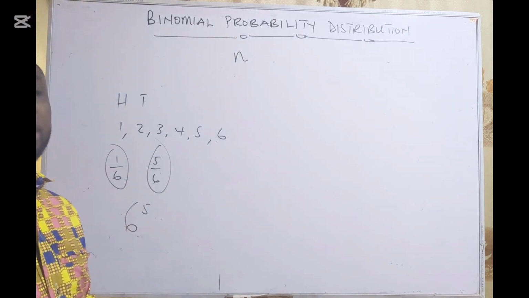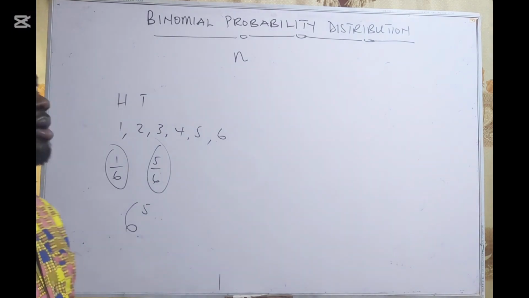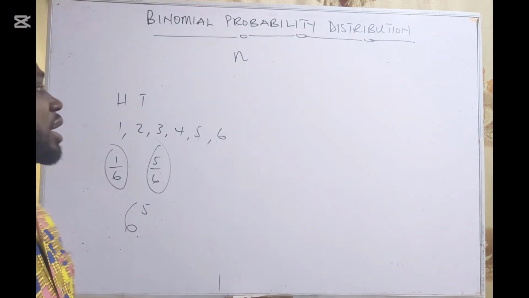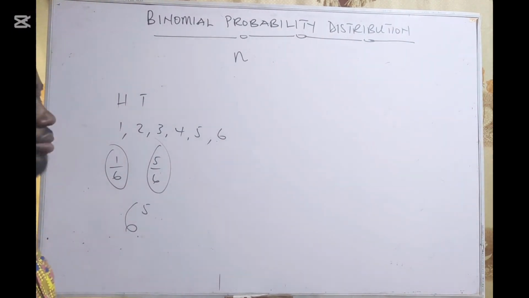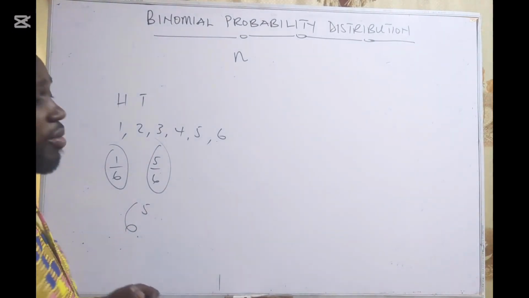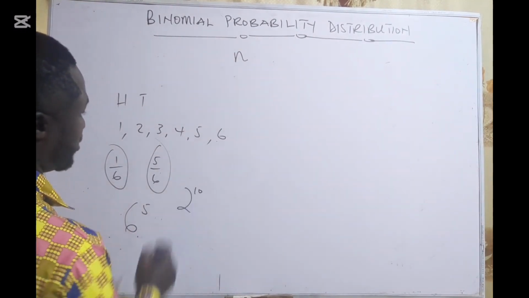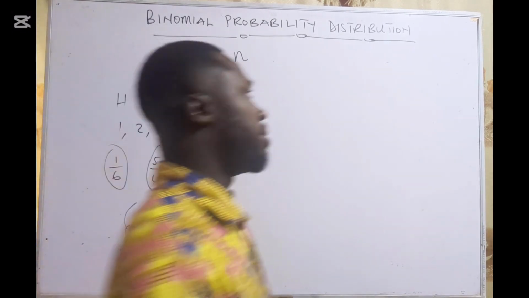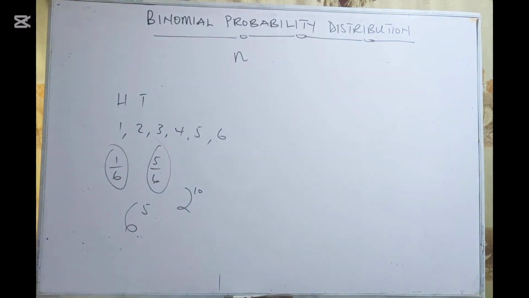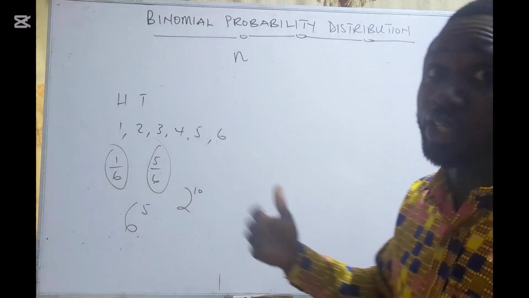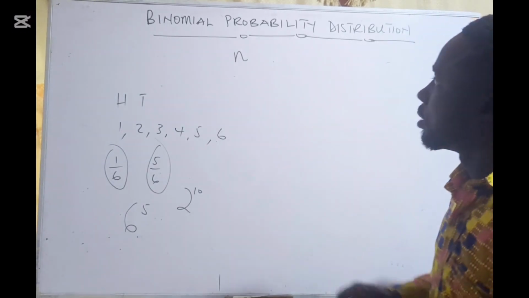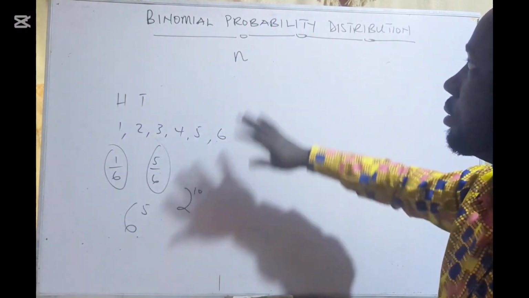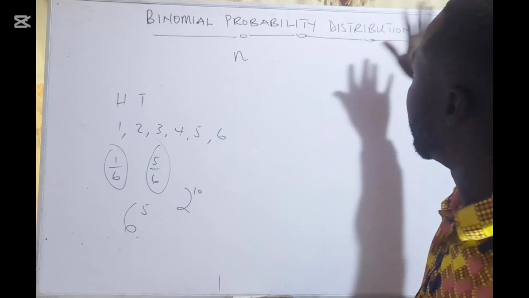That is why we need a binomial probability approach, so that it can help us to solve. Or let's say tossing a coin 10 times. The number of possible outcomes will be 2 exponent 10. Are you now going to draw the table? So we apply the binomial probability distribution for questions that are normally tedious to solve using the normal way.